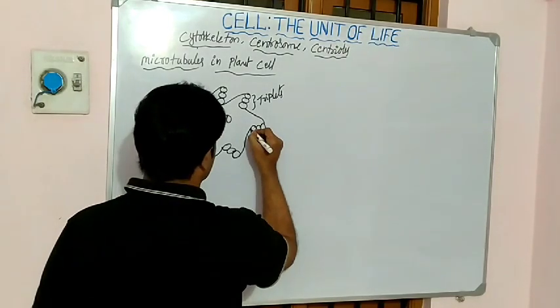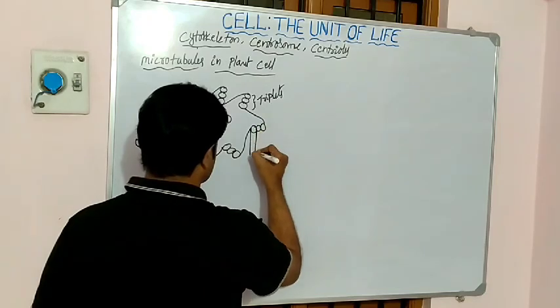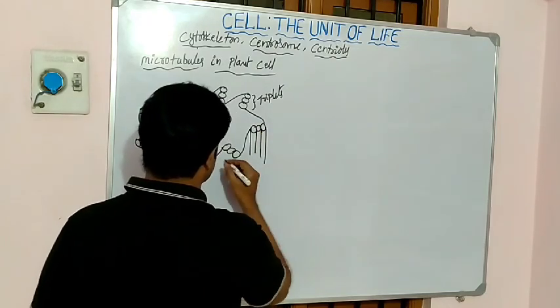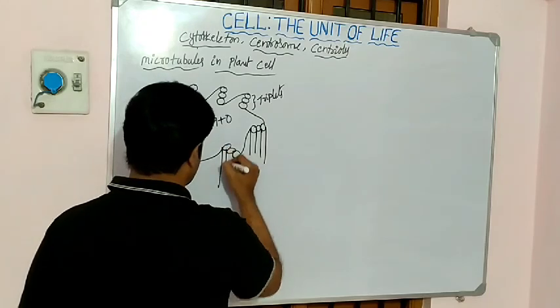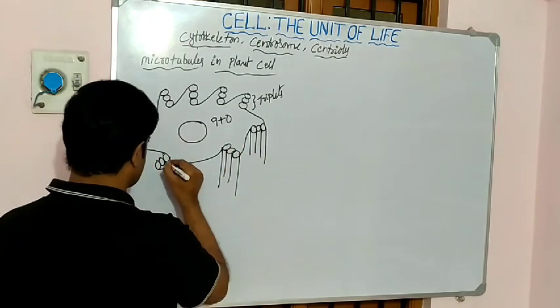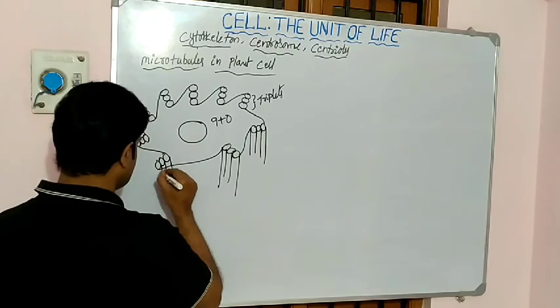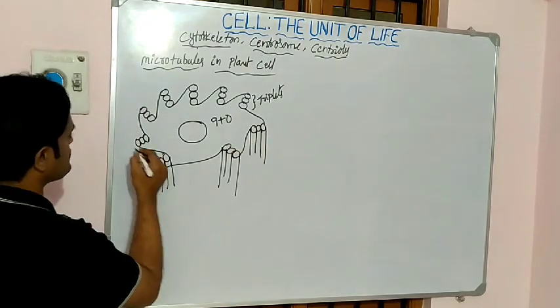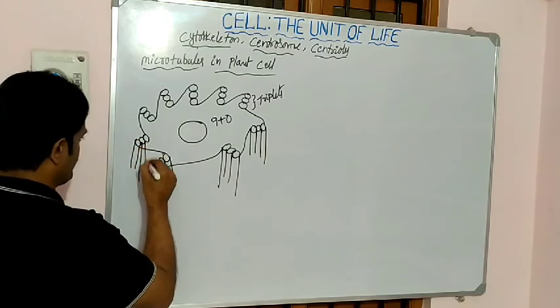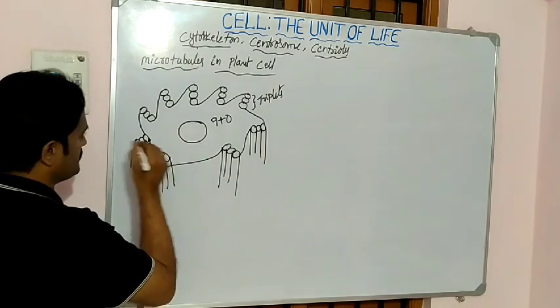See, I will draw here. This is one tube, second tube, and also a third tube like this. Here also tubes of different lengths are present like this. So on all sides it is the same: one tube, second tube, and third tube.